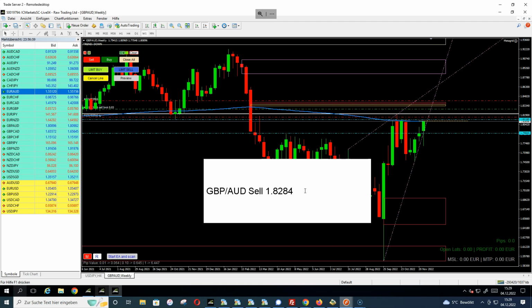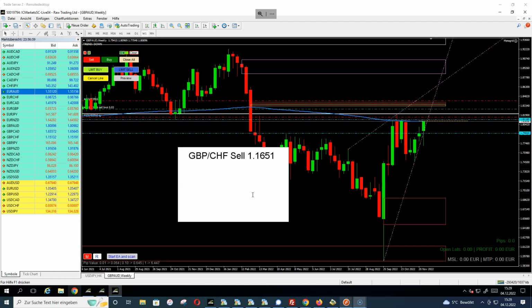And this is the exact entry for this order in case you need it for the Pound Aussie. And I forgot to give you the exact order for the pair before, the Pound Swissy. Let's check this again. And this is the exact entry for the Pound Swissy we saw before.